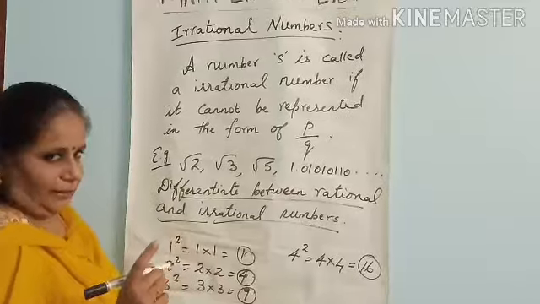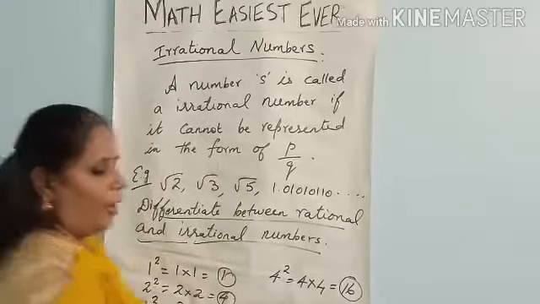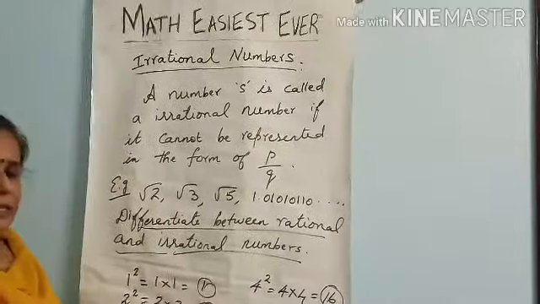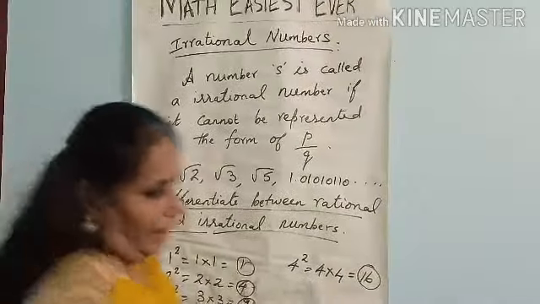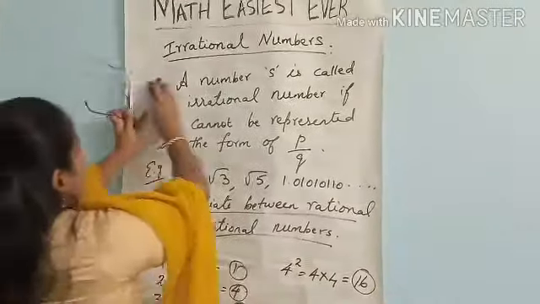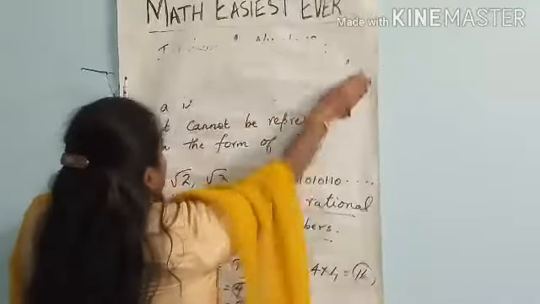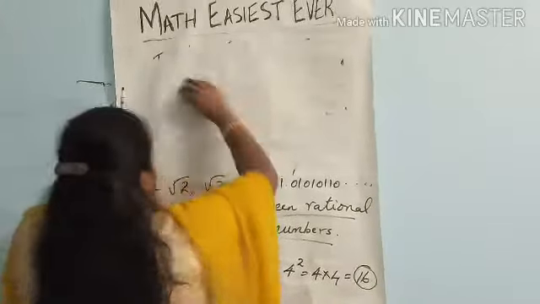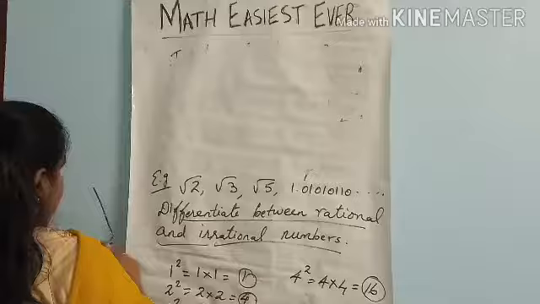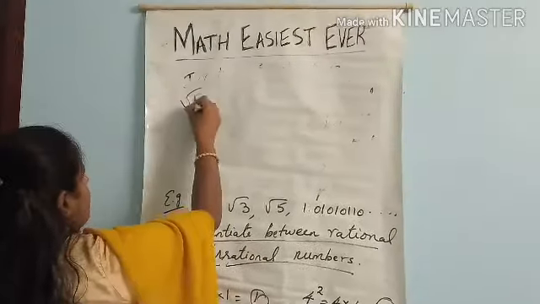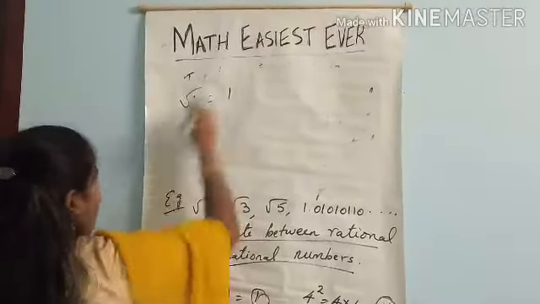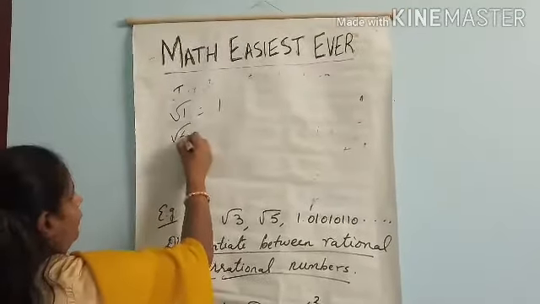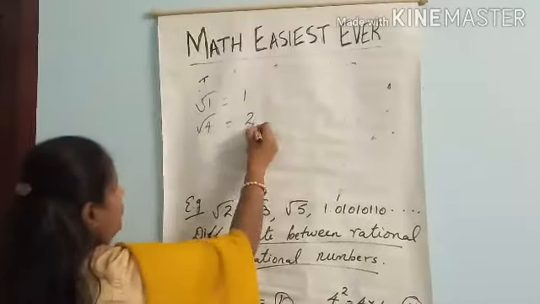You recall that, okay? Now, what is root 1? You know root 1 is equal to plus or minus 1, right? So, we'll take the positives alone. Root 1 is 1. Root 4 is 2.